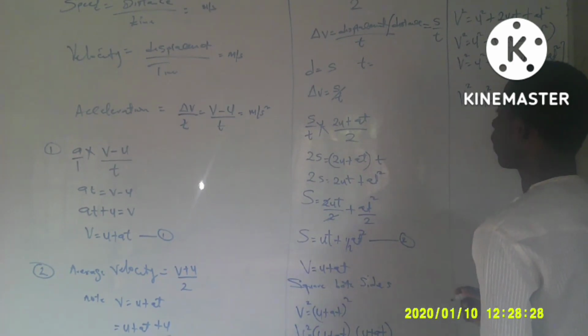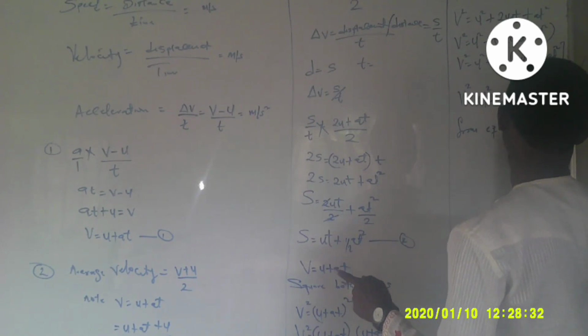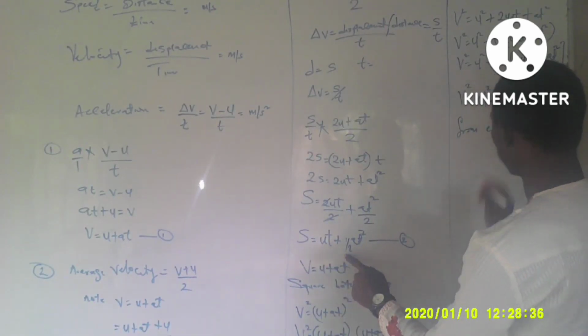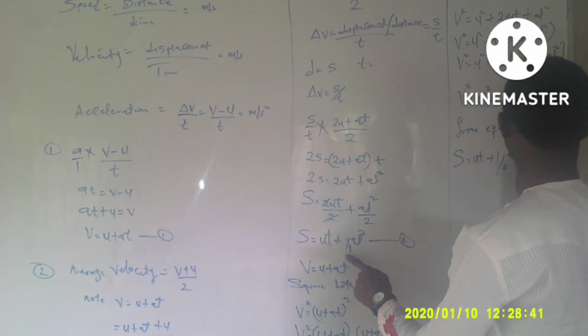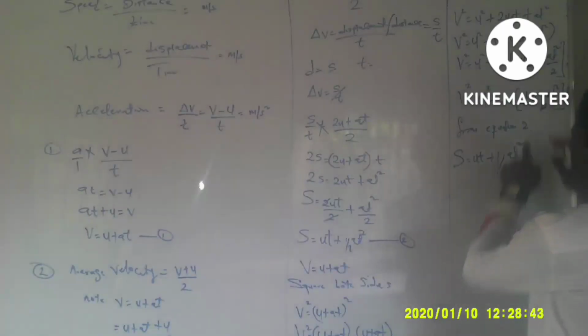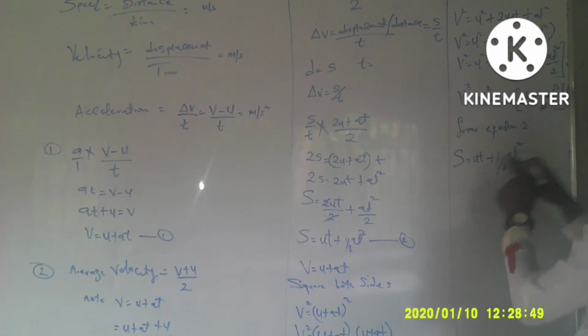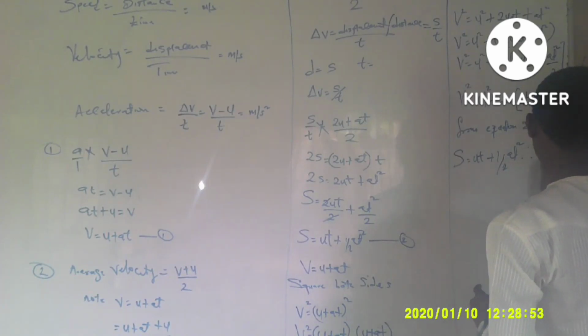So for now, let's come back to our equation 2. From equation 2, x is equal to what? ut plus 1 over 2 at squared. So that means we can substitute this ut plus 1 over 2 at squared for x. Let's replace it with x. So therefore, substitute it into the equation.